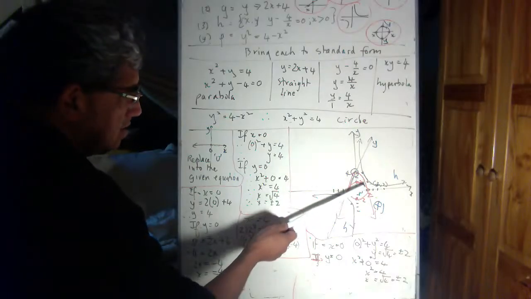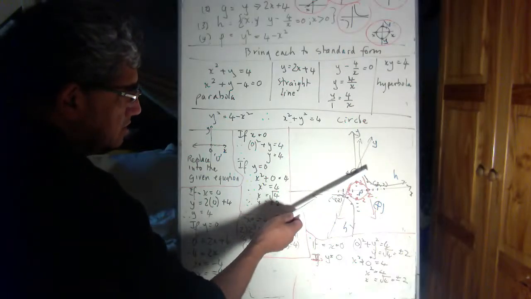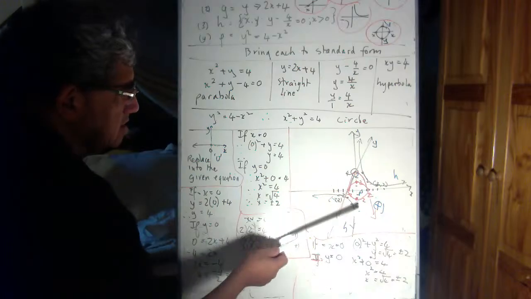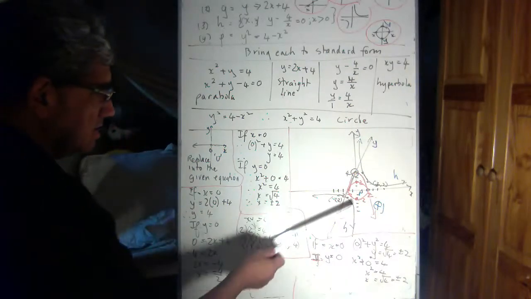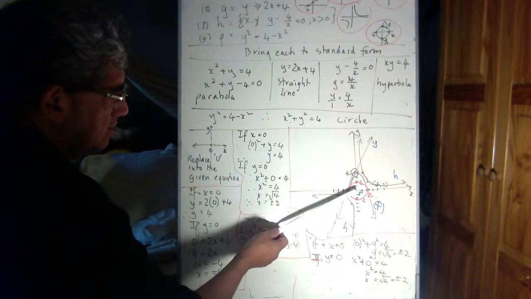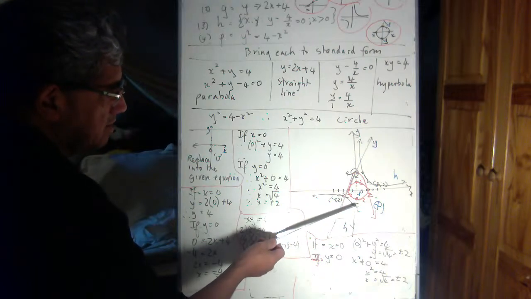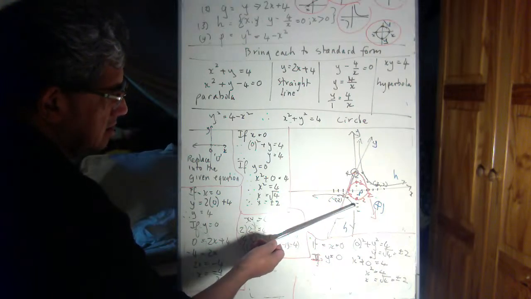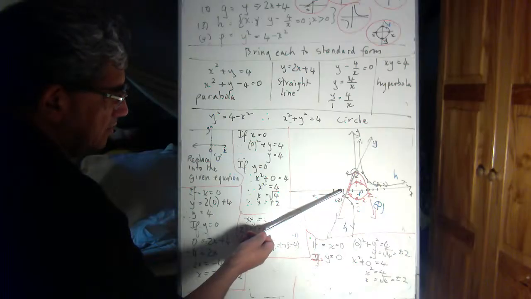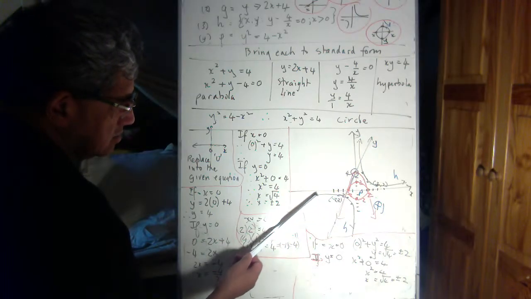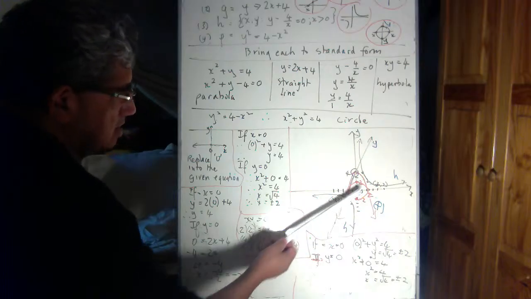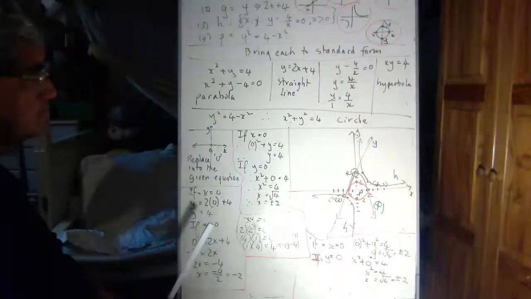And if x is 1, y is 4. So there's those 2 points there. So you've got 3 points there. So you can draw that graph. Next one, if x is minus 1, then y is minus 4. That's that point there. If x is minus 4, then y is minus 1. That's that point here. And then you can draw your next graph. So there you get the hyperbola done.